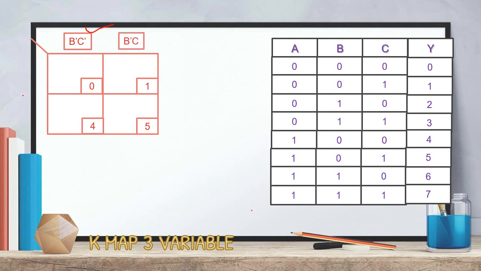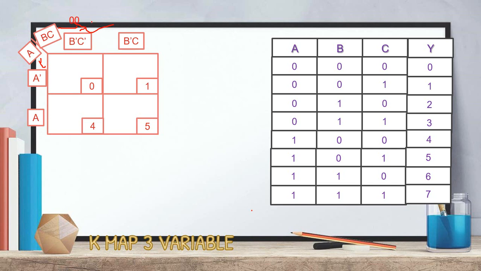So horizontally we have B bar C bar, which is 0 0, and next B bar C, and in the vertical we take the MSB variable, A bar and A. We write which one contains the A portion and which contains the BC portion.